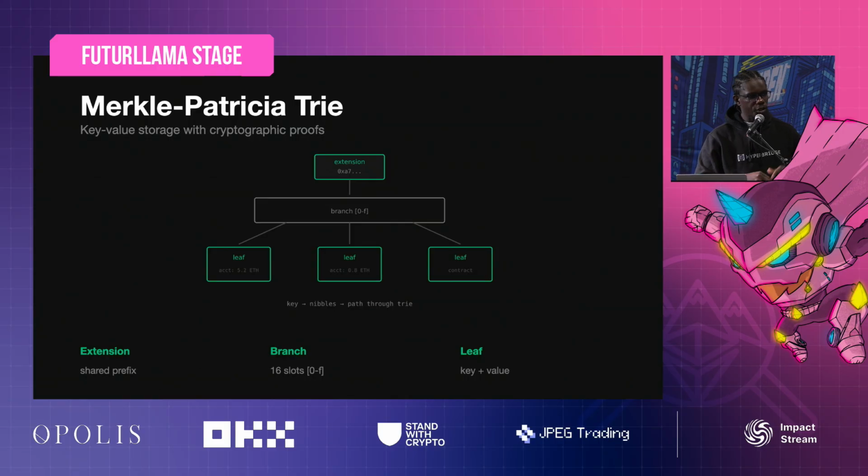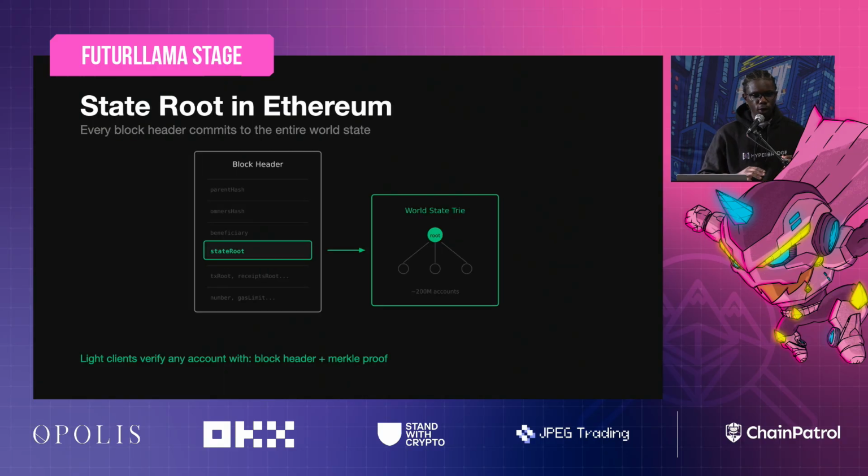Each key, or nibbles as they're called, is encoded in the path to the data. In the Merkle-Patricia tree, you have 16 branches. That's why it's called a hexary tree. And you have different kinds of nodes: the root node, the branch nodes, the leaf nodes, and the extension nodes, right?